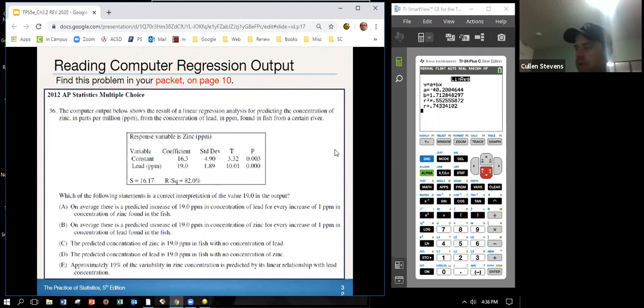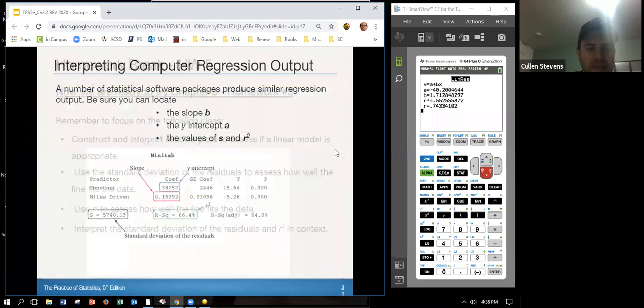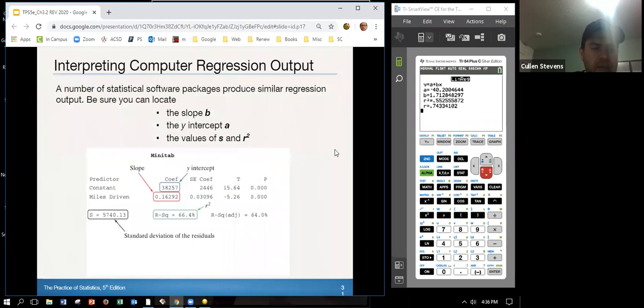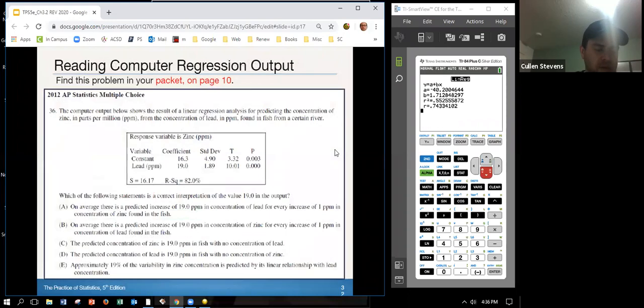So let's take a quick pause and just try to figure out what is the correct choice here. Which of the following statements is a correct interpretation of the value of 19? All right, let's sneak back. What was 19? All right, 19. Okay, that looks like it's going to be our slope.